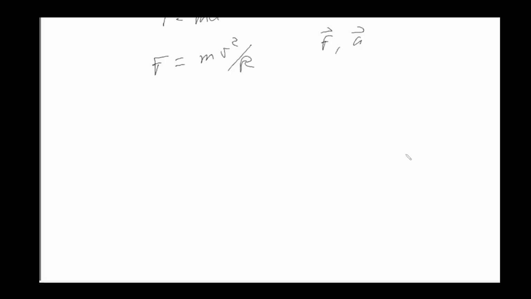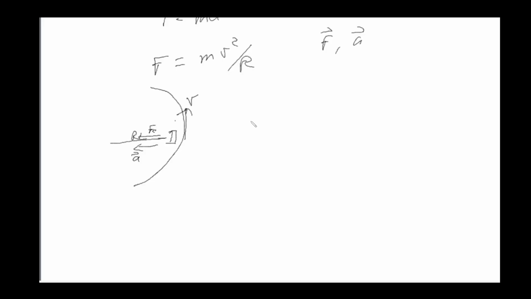Some examples would be if you have a car going around in a circle. You have radius r, you have velocity of the car, the acceleration is centripetal, and we also have a centripetal force.